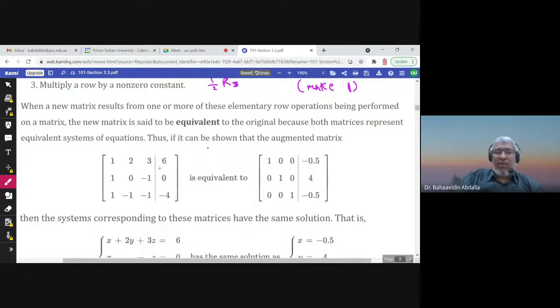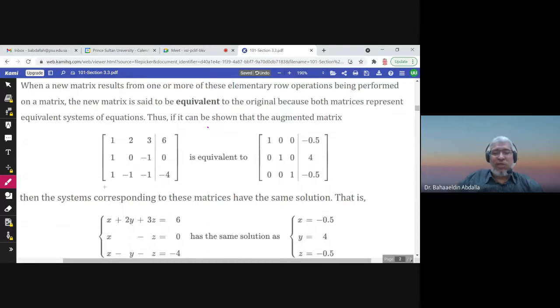For example, we start with this. This is the augmented matrix of a system, and we will end with this matrix. So you see the coefficient matrix is changed to the identity matrix. The coefficient matrix is now the identity matrix, and the constant terms will be changed to these values.